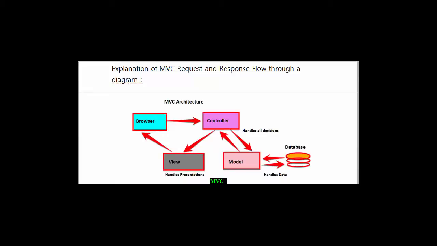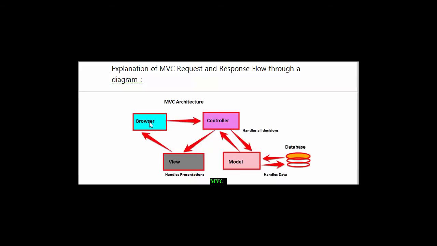Okay, now we'll be understanding things using a practical example. So let us try to understand the MVC request and response flow through this diagram. If you take a close look at this diagram, you'll find that there is a browser section, that is the user section, then the controller is there, model, view and the database part.